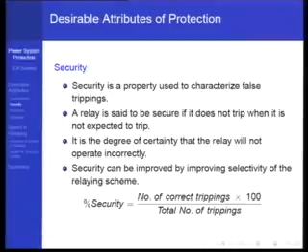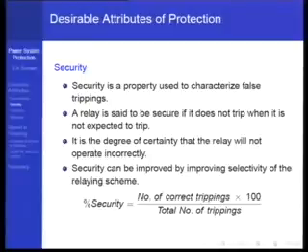Percentage security can be defined as the number of correct trippings divided by the total number of trippings, into 100. If all the trippings were correct and there was no incorrect tripping, then this number would be 100. The number of correct trippings equals the total number of trippings, so the security would be 100.